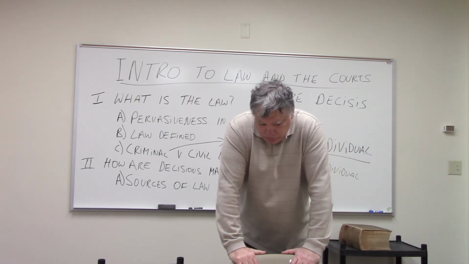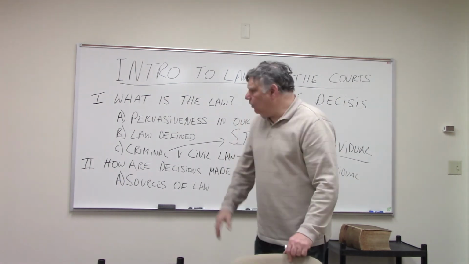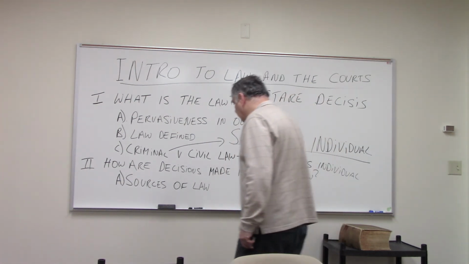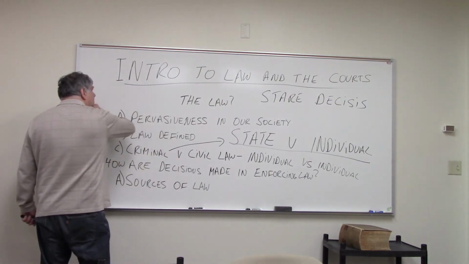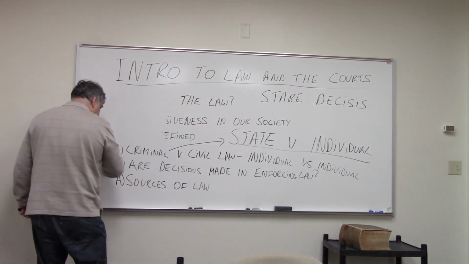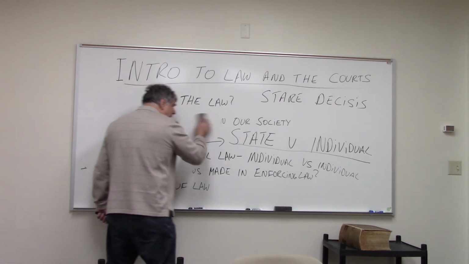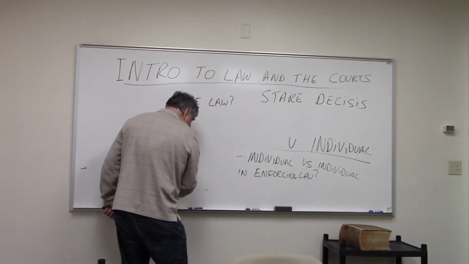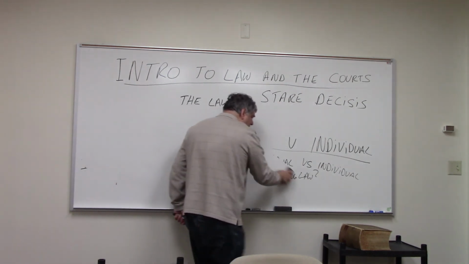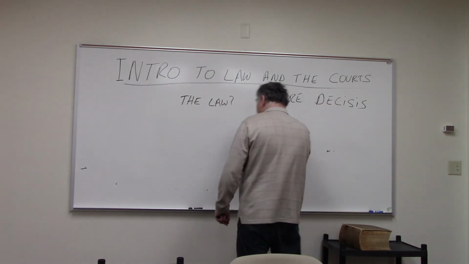Okay, so with that clarification, what I want to do next is talk about the organization of federal courts. So how are federal courts organized to deal with legal disputes in the United States over which they have jurisdiction?